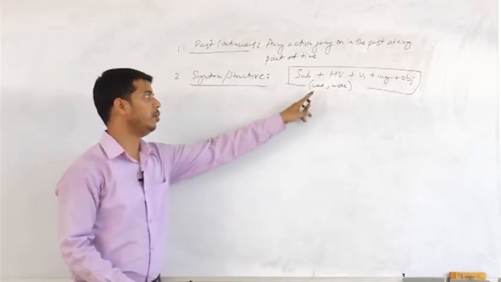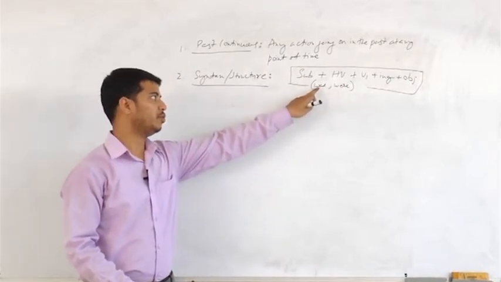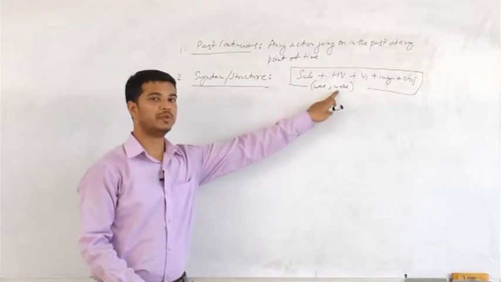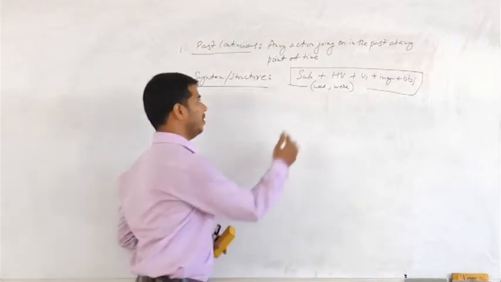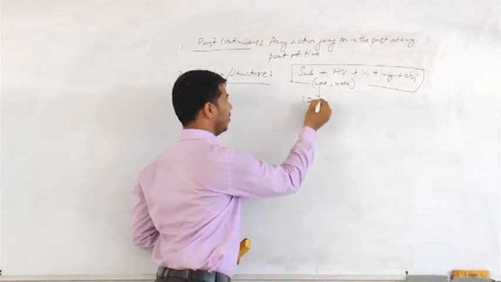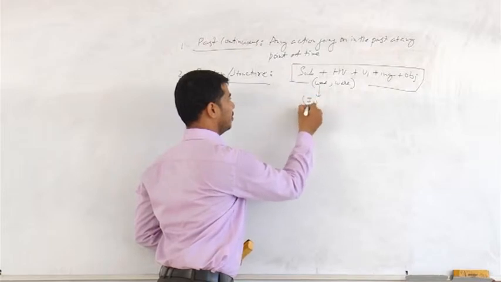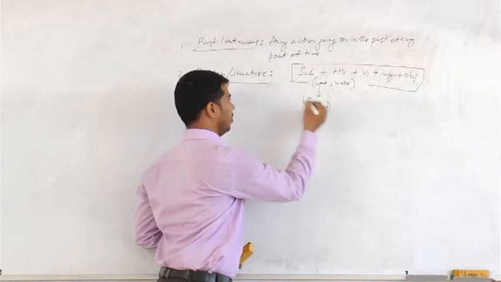Now let us see where to use was and where to use were, or with what personal pronouns we use was and with what we use were. Coming to was, we make use of was with I, he, she, it.